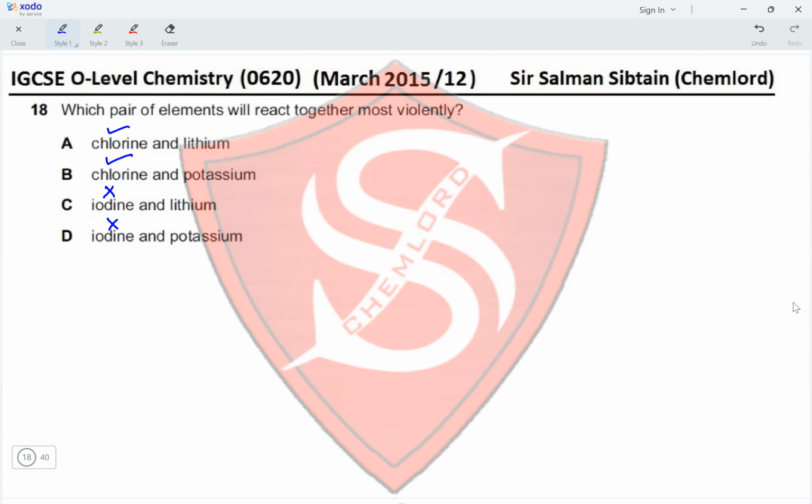The reactivity of group 1 increases down the group. So lithium is found at the top of the group and potassium is found below in group 1. So the reactivity with chlorine for lithium would be lesser than that of potassium, eliminating option A and making option B the correct option for this question.